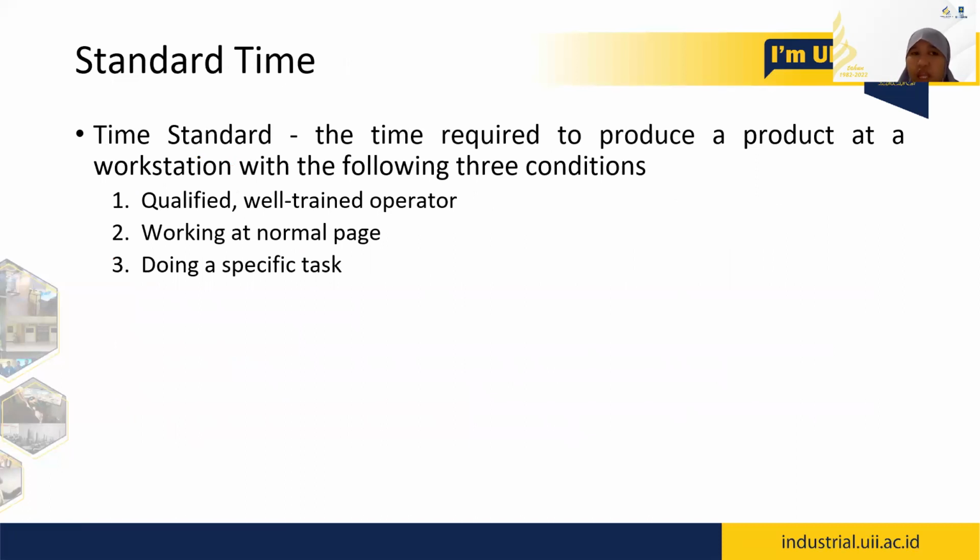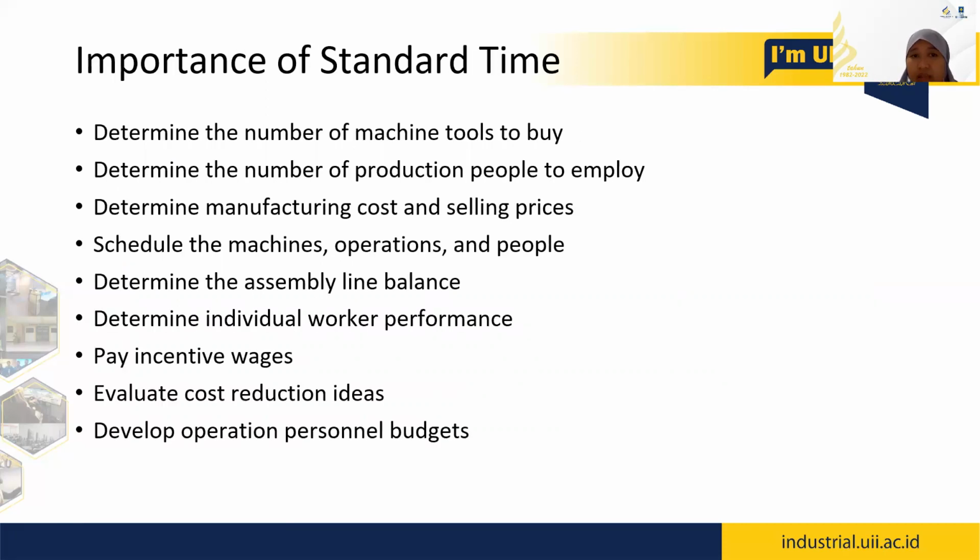Now, let's refresh our memory regarding the standard time. Basically, standard time is defined as the time required to produce a product at the workstation with these 3 conditions. So basically, the operator should be qualified and well trained, the work should be at normal pace, normal speed, and then the operator needs to do the specific task.